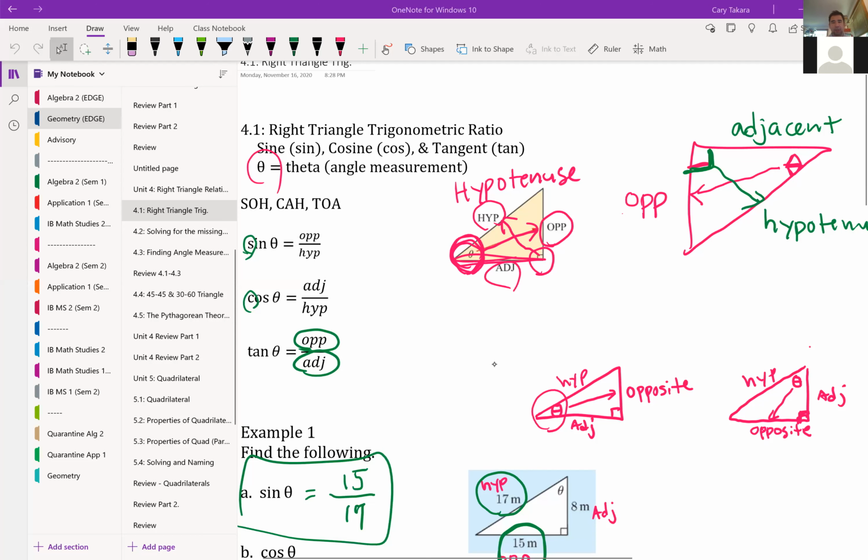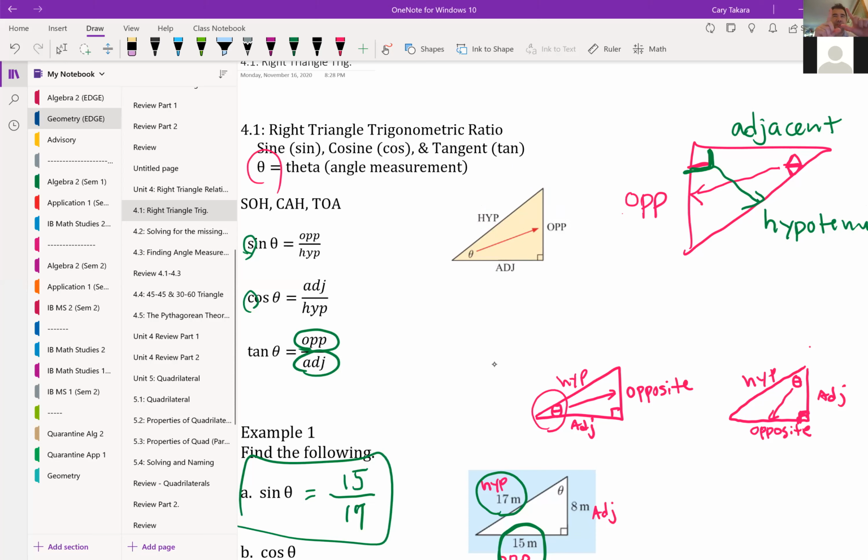Okay, so in order to do any of the trig ratio problems, you have to label them. In other words, a right triangle has three sides, and each side has a name: opposite, hypotenuse, and adjacent.